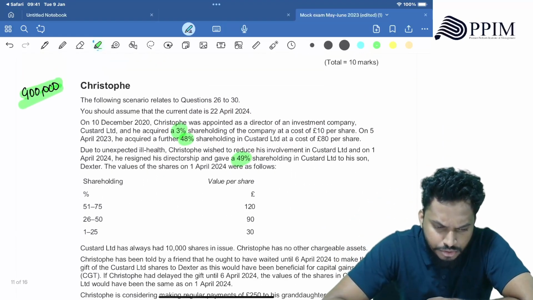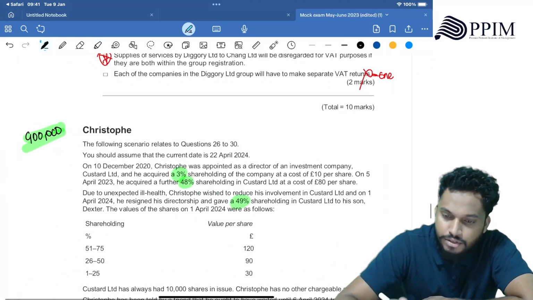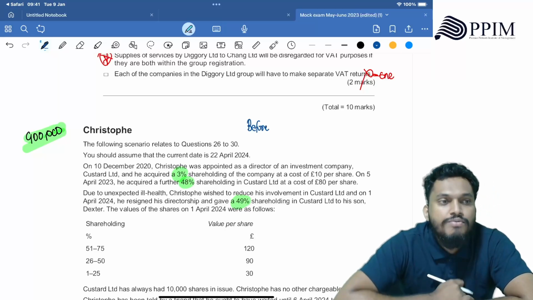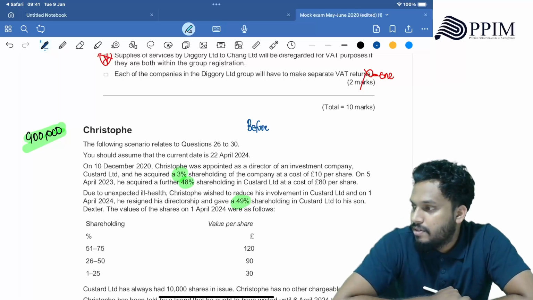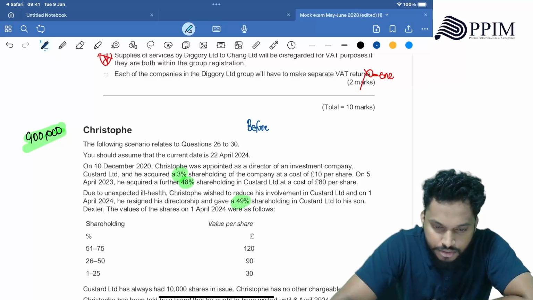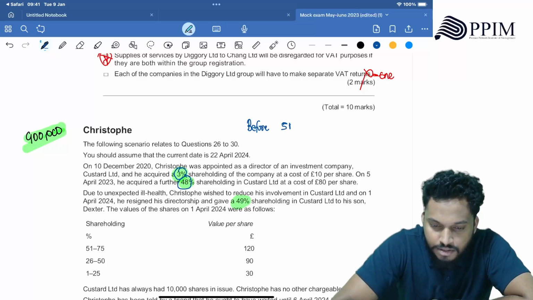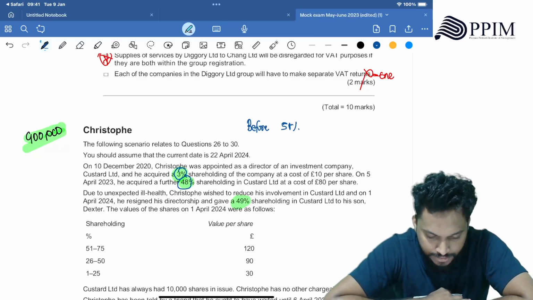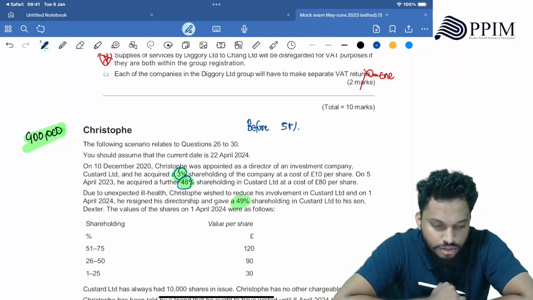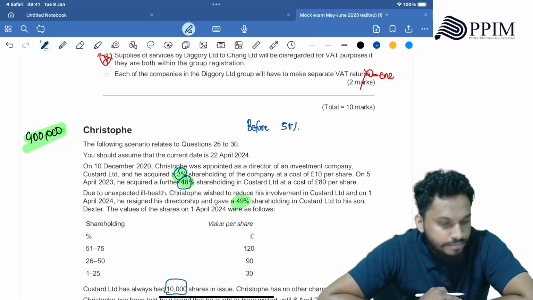So in this question, first we need to understand what is before, isn't it? That's the method to do it. Before means before the transfer. What was the value of your shares? You bought 3% plus 48%, which means technically 51%, right? How many shares are you buying? The total number of shares is 10,000.